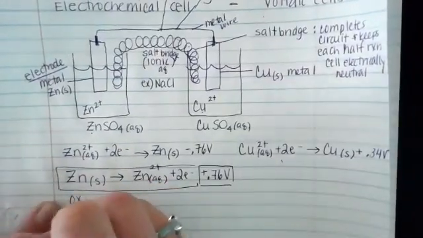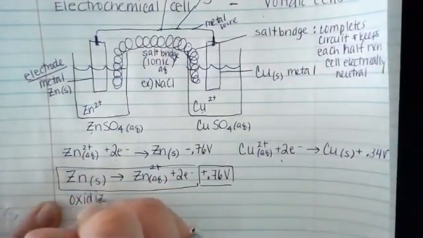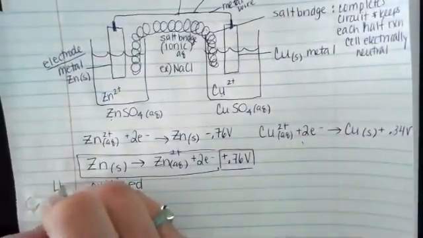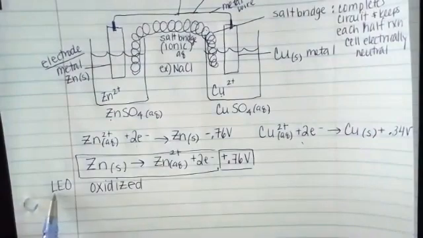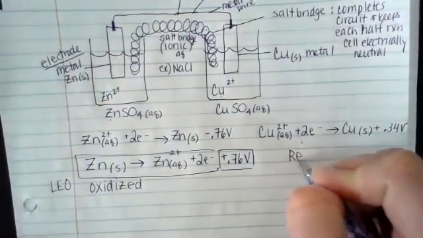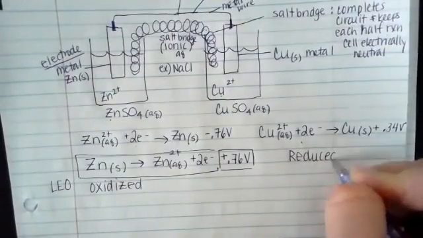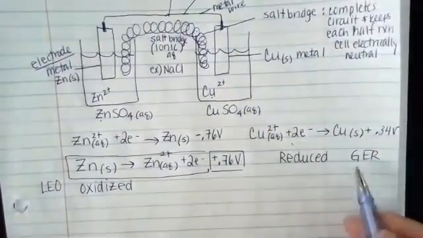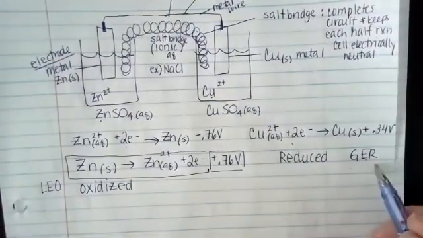And I'm going to label this as oxidized. And I'm going to put a LEO over here, just because that's an easy way to remember. Lose electrons, oxidized, which means this one is reduced. And I'm going to put a GER over here. Just remember, gaining electrons, reduced.